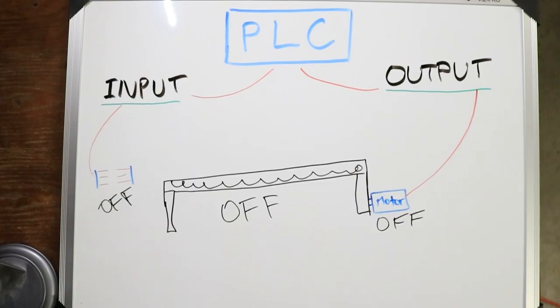So that is a quick review of the inputs and outputs. Of course, there are many different input devices and many output devices, but these are some common ones. Some will be magnetic field, some will be mechanical, photoelectric.